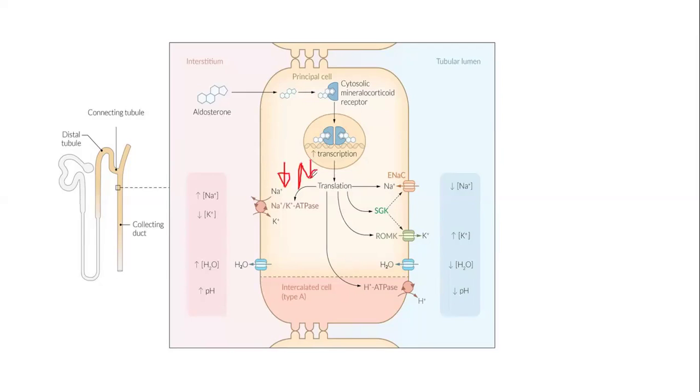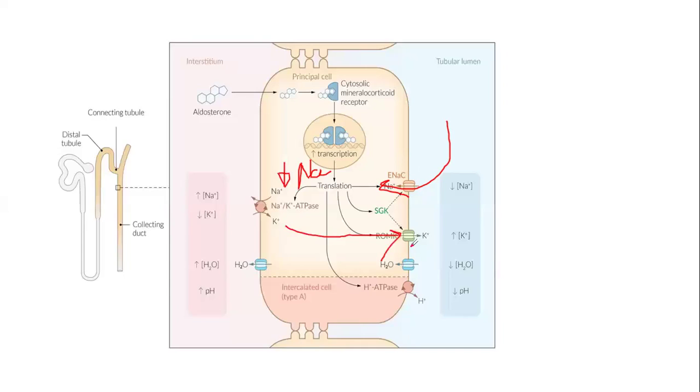Not only that, it is increasing the sodium channels in the apical membrane as well. So inside the cell, the sodium concentration decreases. So sodium will passively move into the cell through ENaC channels. We have also increased translation of ROMK channels, which can allow the potassium, which is entering inside the cell, to leave through tubular lumen.